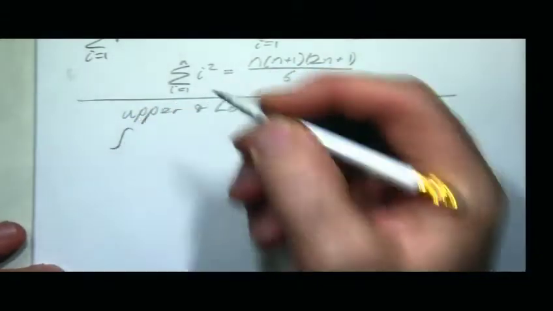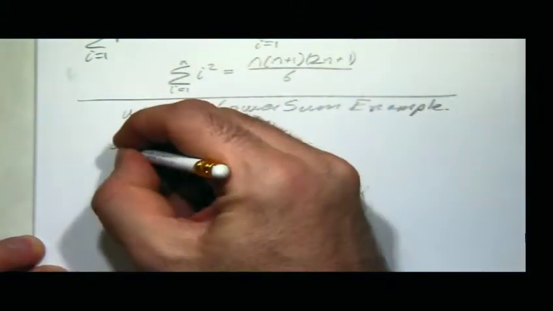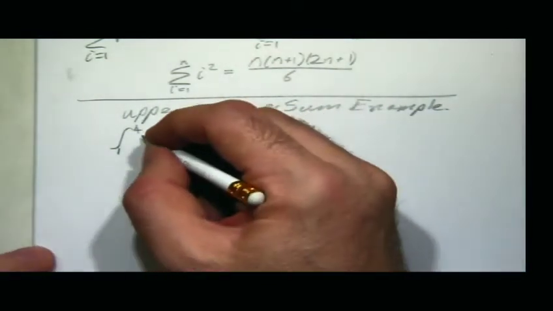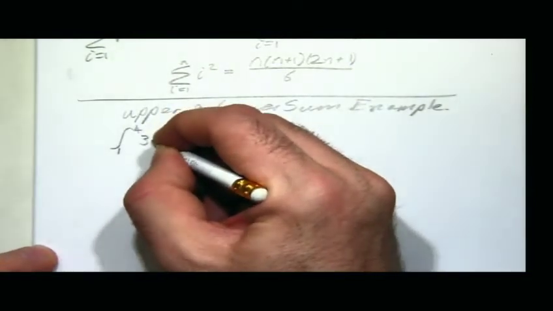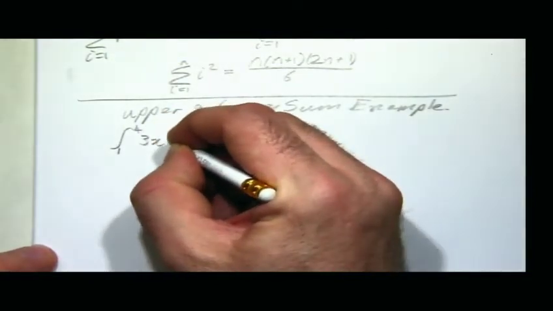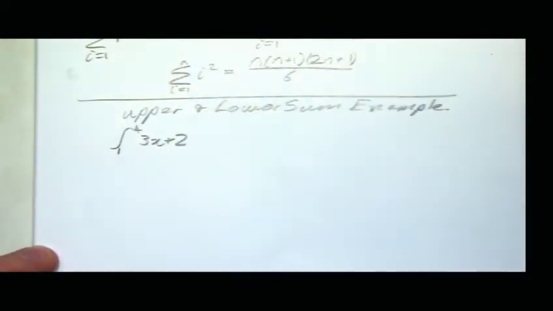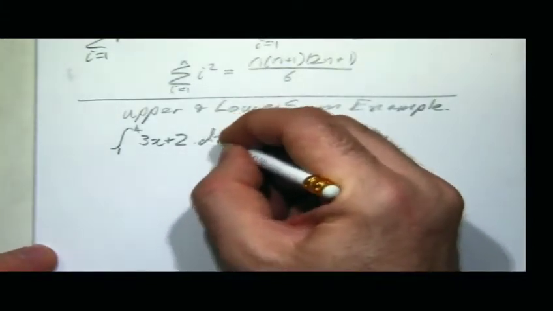So typically we're doing an integral. I'm doing an integral from 1 to 4. I'm going to keep this function nice and simple, something like 3x plus 2 dx. All right.